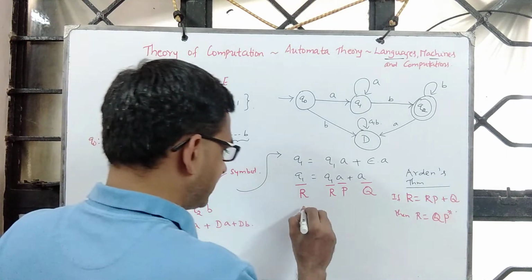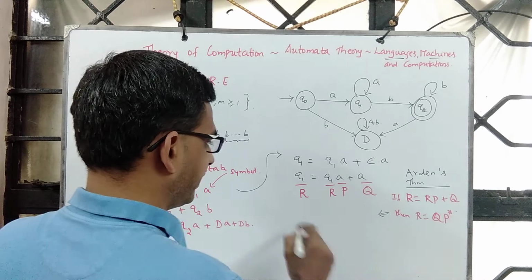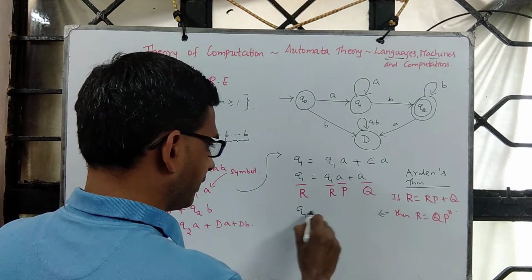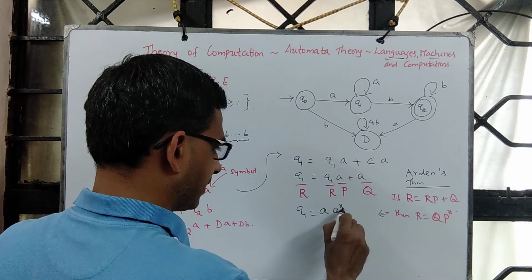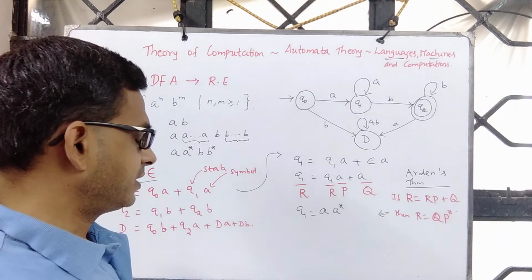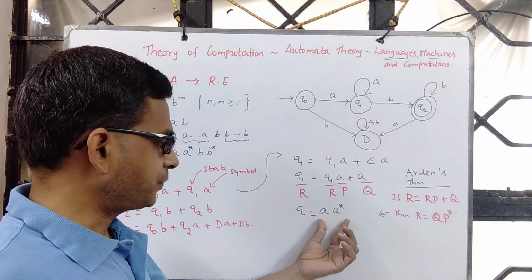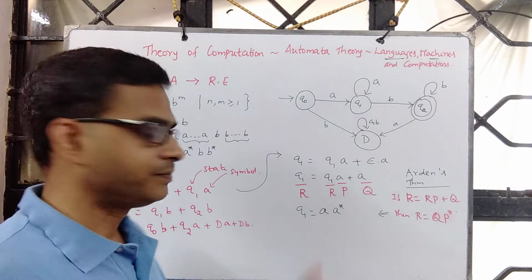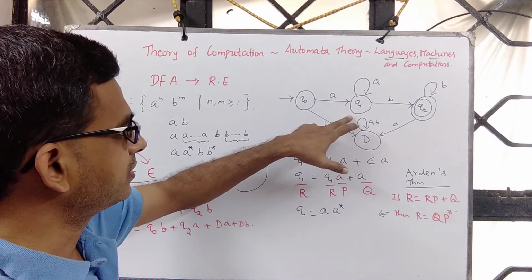So which means you use this theorem here, you get Q1 is equal to A times A star. So what it says is at Q1 the regular expression is A star, which you can cross verify. Look at this.